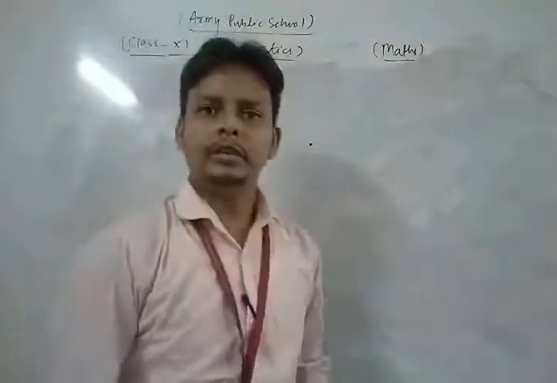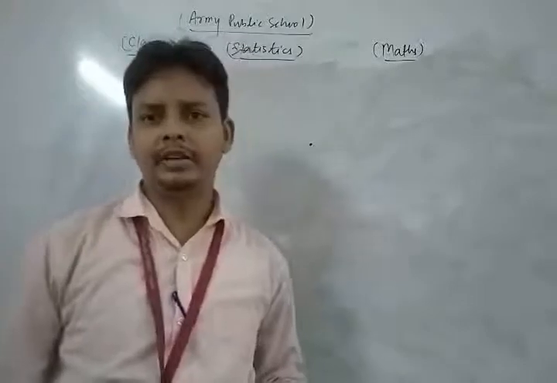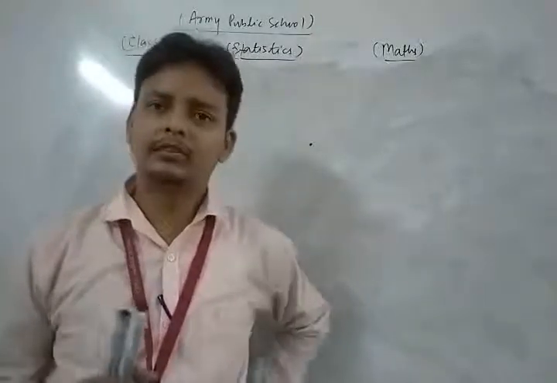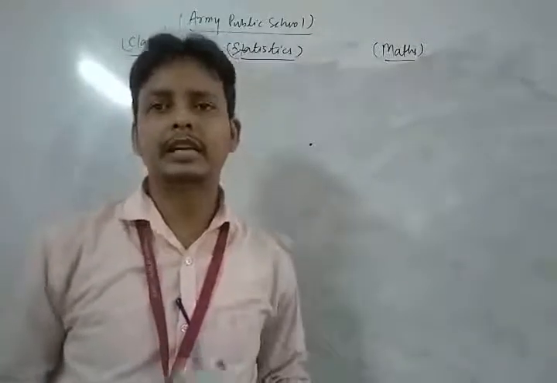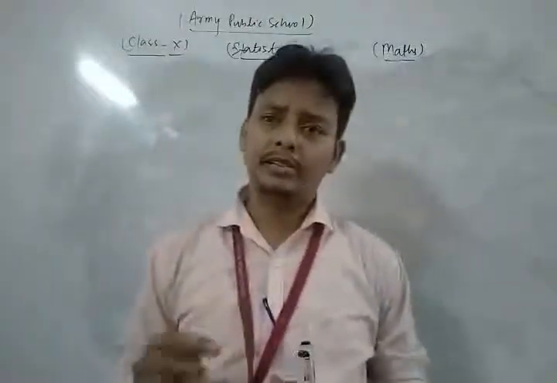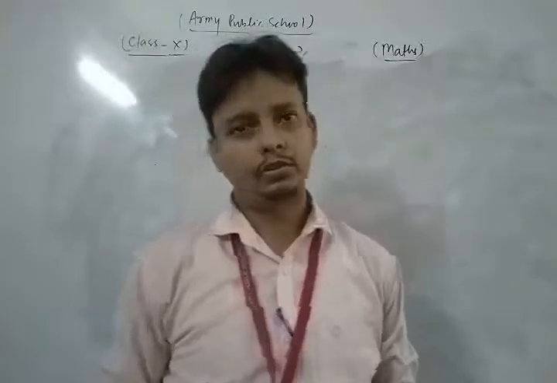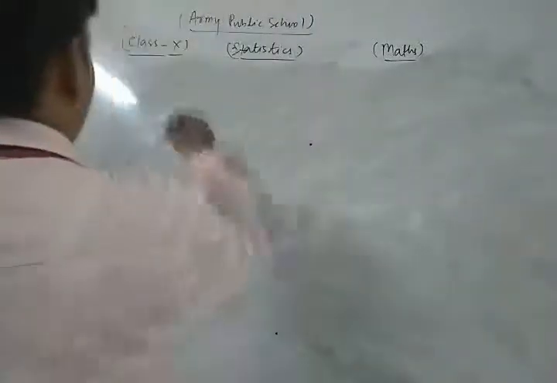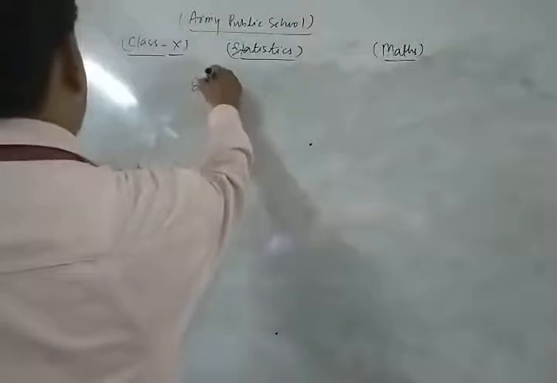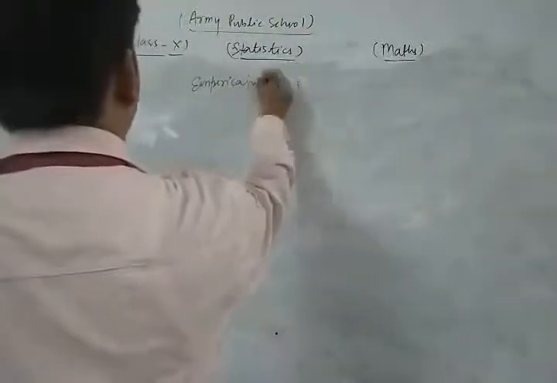Dear students, there is a very important relationship between mean, median and mode, and that relationship is also known as the empirical formula. Empirical formula means the formula that gives the relationship between mean, median and mode. So let's take the empirical formula.